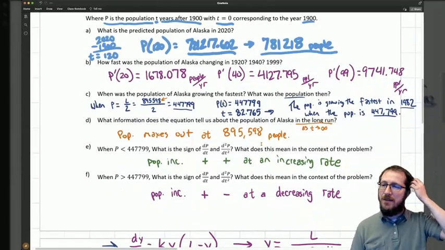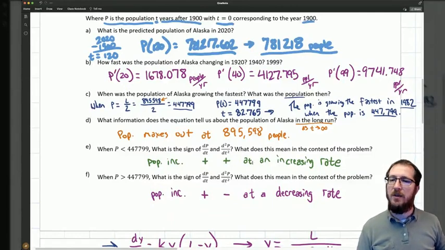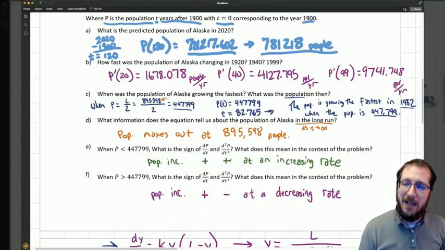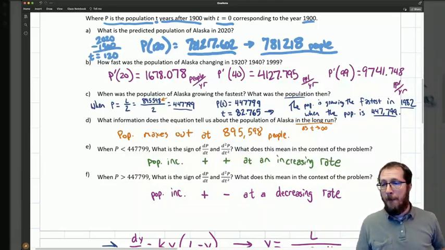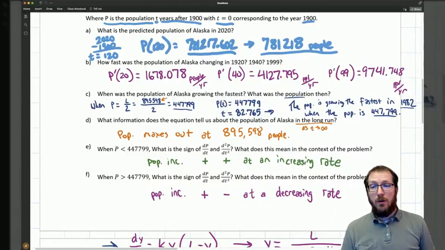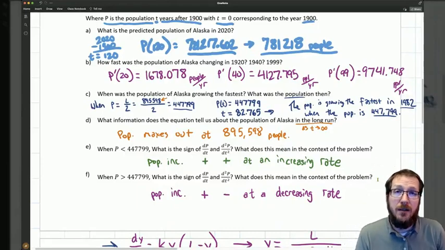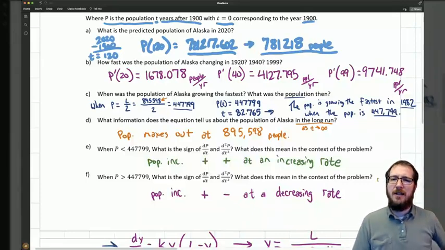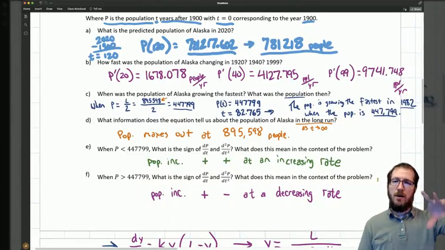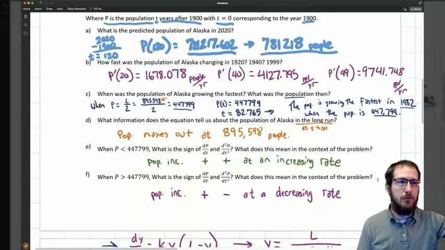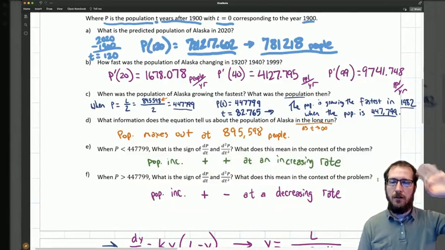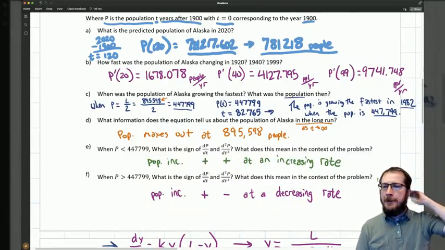Okay, part E. When P is less than 447,799, what is the sign of dP and second derivative dP dt? All right, what does this mean in the context of the problem? Okay, so the population is always increasing in a logistic function like this, unless we're looking at cases that we'll look at in the next page where our starting population is above the carrying capacity, which is rare, but something you'll look at if you take a differential equations class in your college education future.